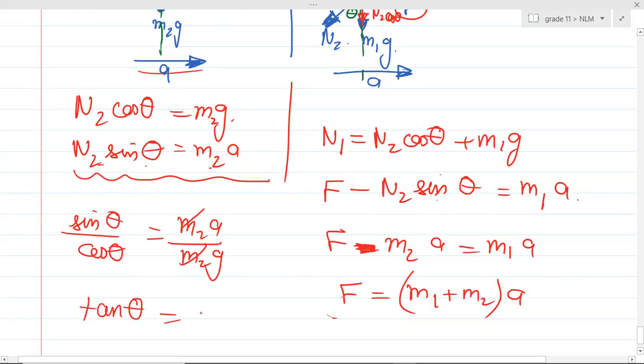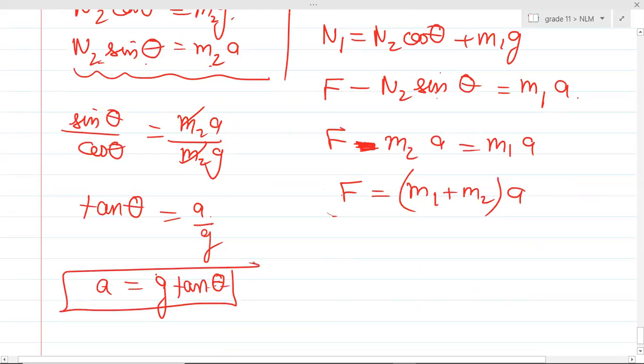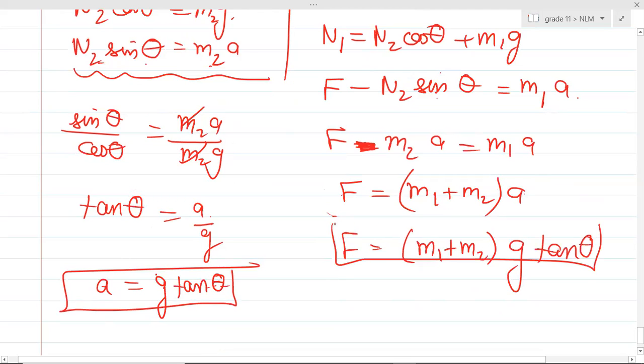Tan theta will be equal to A by g, so A should be equal to g tan theta. Now you just put this g tan theta over here, so you get F is equal to M1 plus M2 into g tan theta. That's the answer to your question.